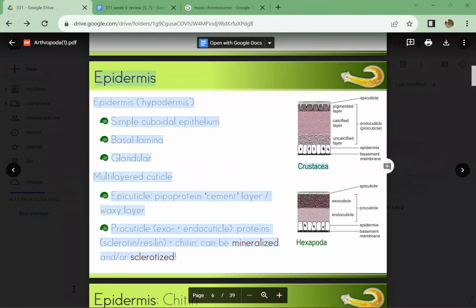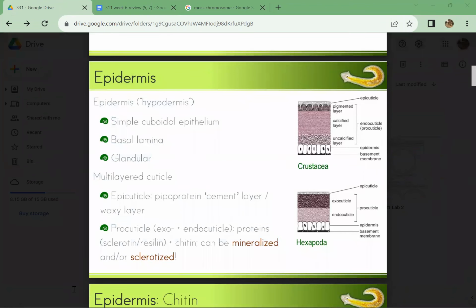Arthropods have this kind of epidermal structure where they have their actual epithelial cells. Like this would be the basal lamina of our skin cells that would go on to produce those keratinocytes that shield us.